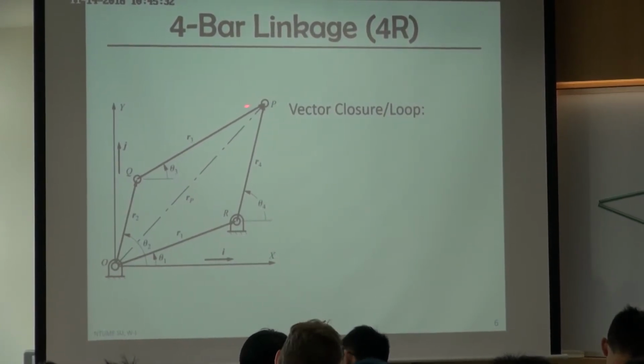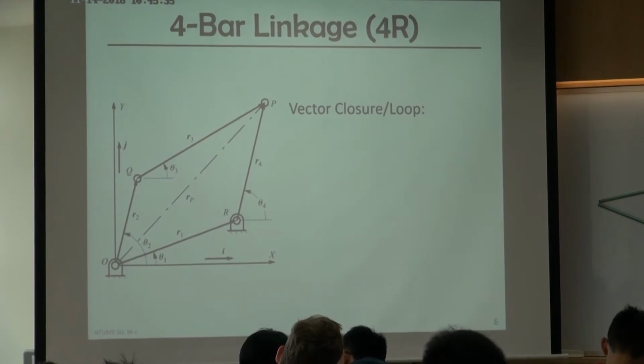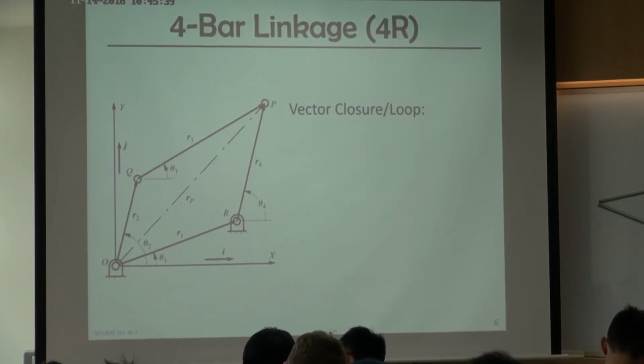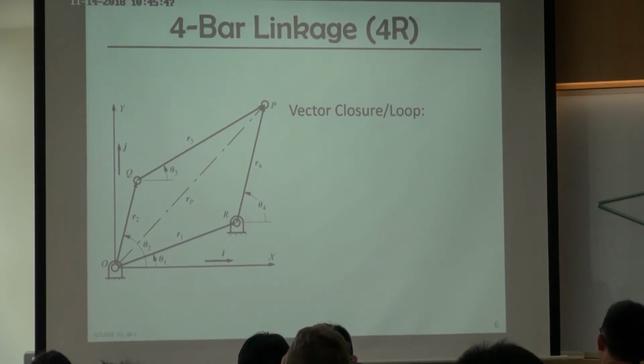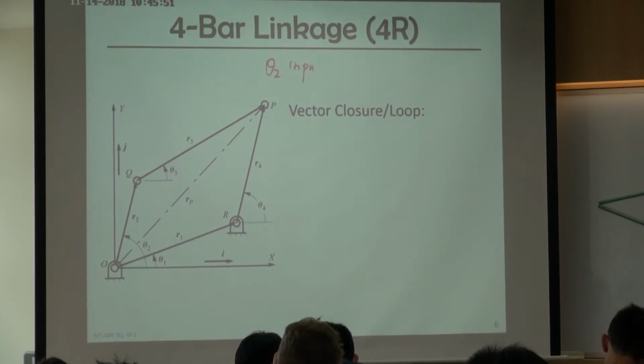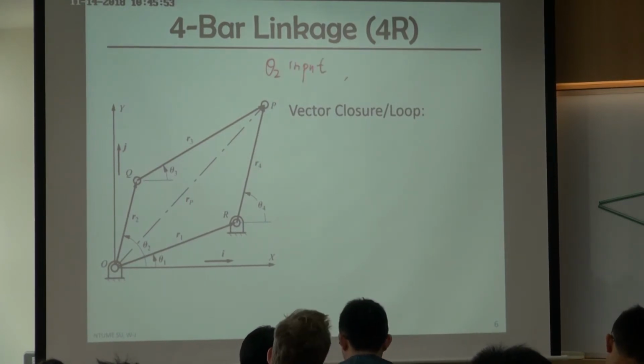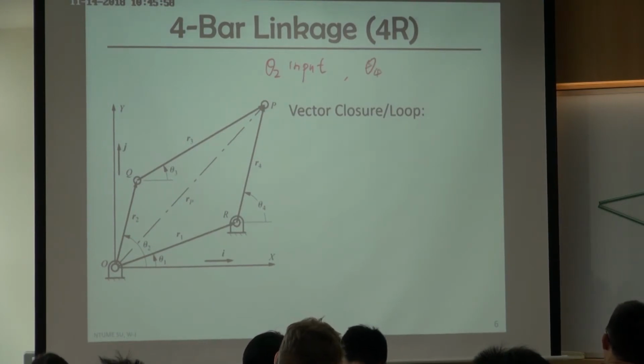So for this mechanism, how are you going to draw the vector loop? We need to draw a closed form. First, let's say we want to use theta 2 as an input, and let's say we want to find the output theta 4.